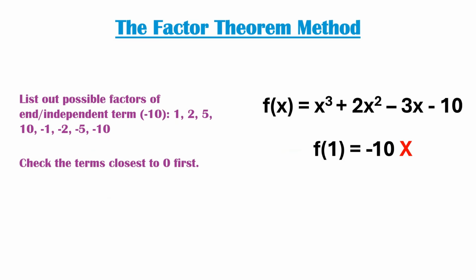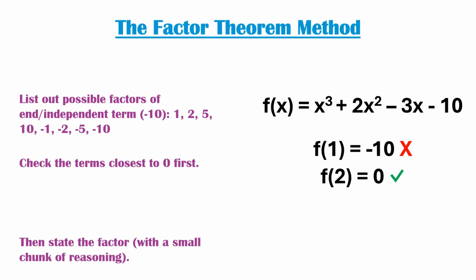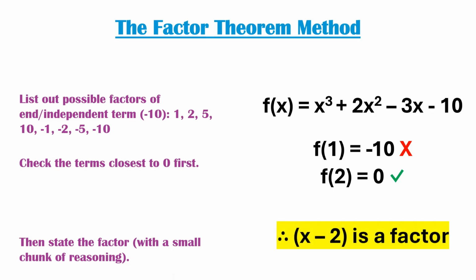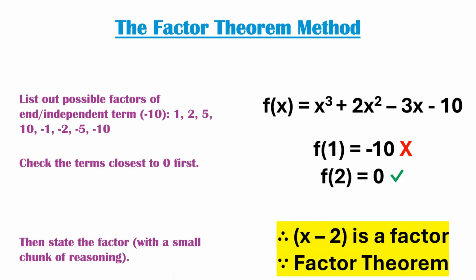So f of 1, you get minus 10. That's not right. But if you do 2, it does work out to be 0. And so therefore, you can then just state simply on your paper, therefore, x minus 2 is a factor. Those three little dots mean therefore if you don't know. But you always have to then do the other three little dots because of the factor theorem.